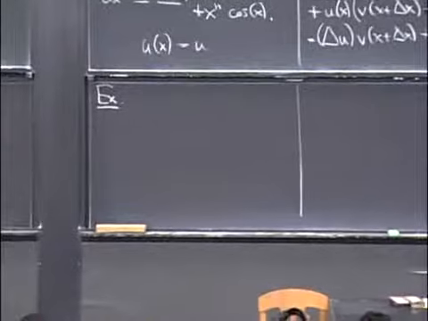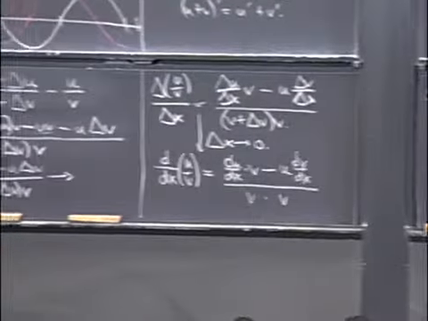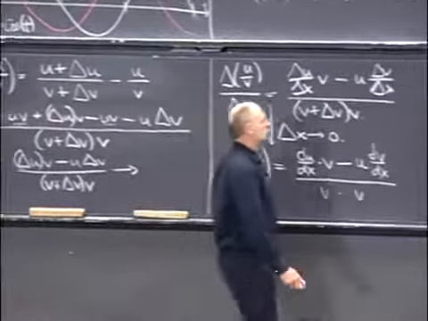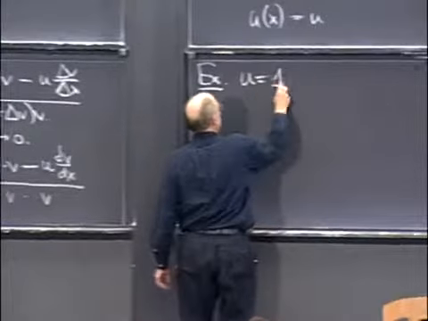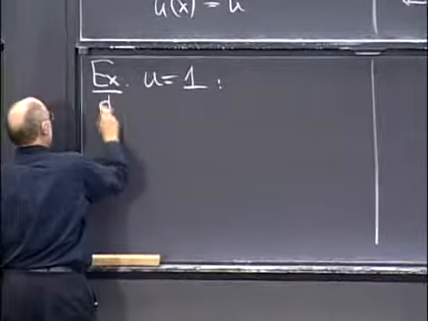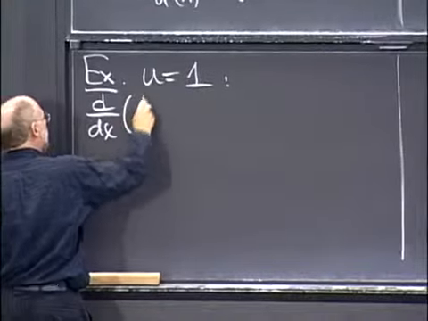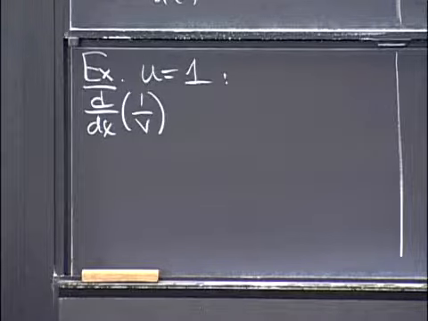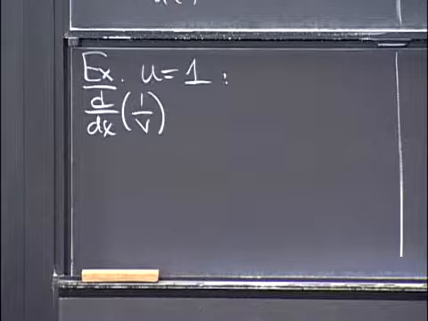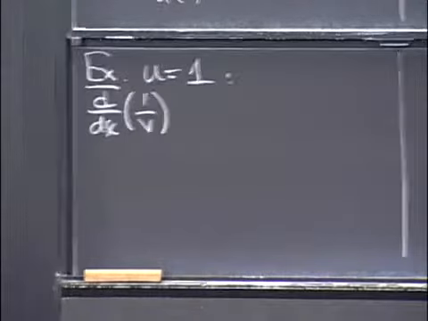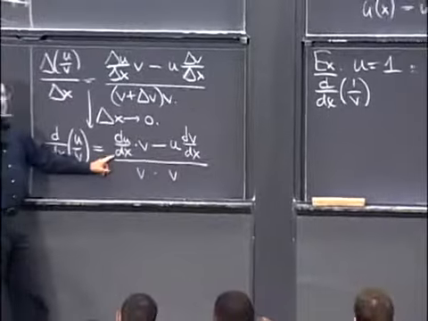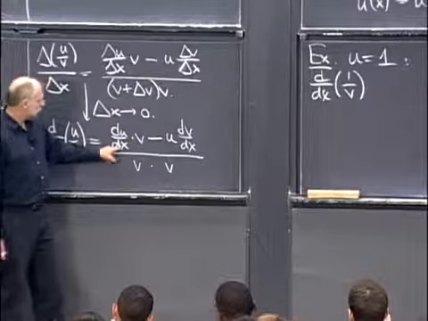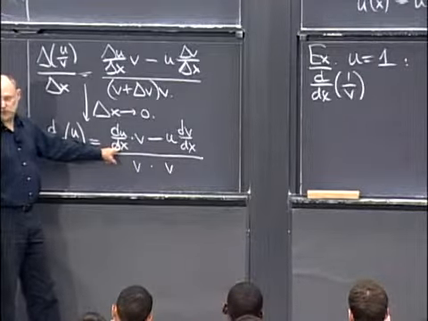So the example I'm going to give is pretty simple. I'm going to take the numerator to be just 1. So I'm going to take U equals 1. So now I'm differentiating 1 over V, the reciprocal of a function. Here's a copy of my rule. What's du dx in that case? U is a constant, so that term is 0 in this rule.